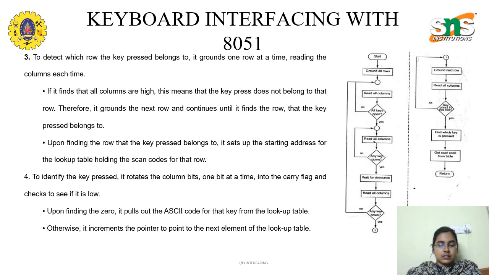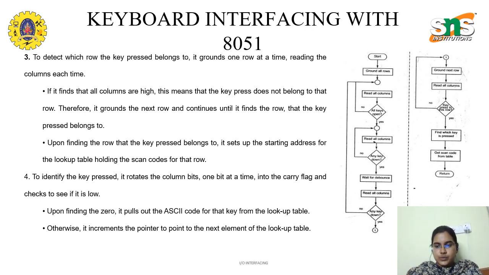Step 3 detects which row the pressed key belongs to. It grounds one row at a time, reading the columns each time. If it finds all the columns high, this means the key press does not belong to that row. Therefore, it grounds the next row and continues until it finds the row.